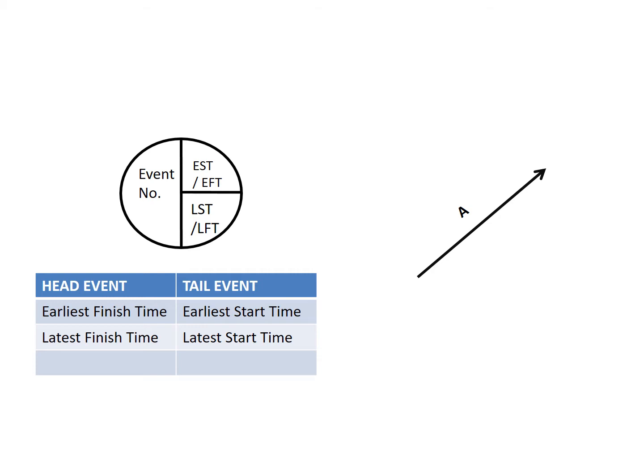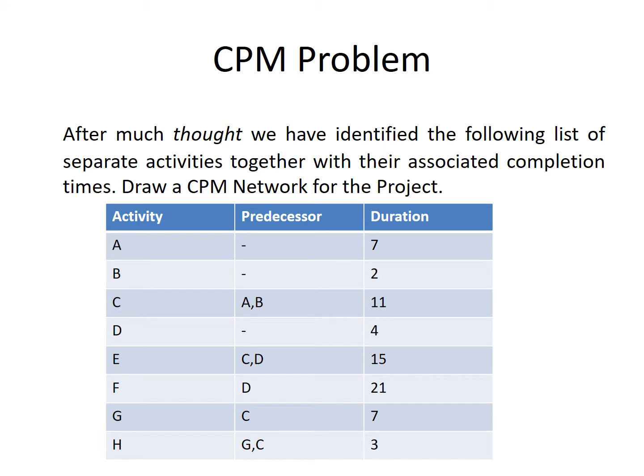So with that in mind, given a problem as shown below, where we have a set of activities, their duration and their predecessor activities, and we are told to draw a network, the first thing we have to do is construct this particular network.